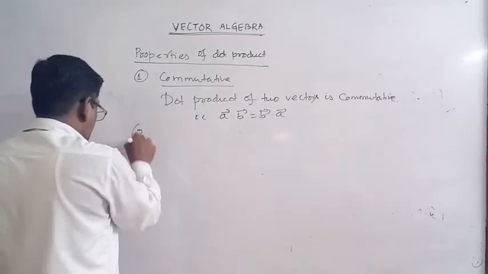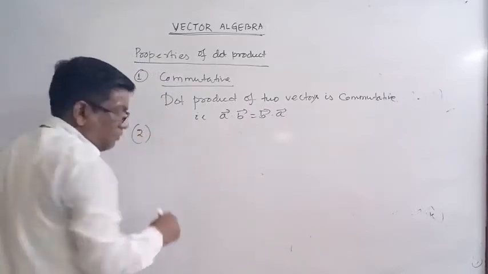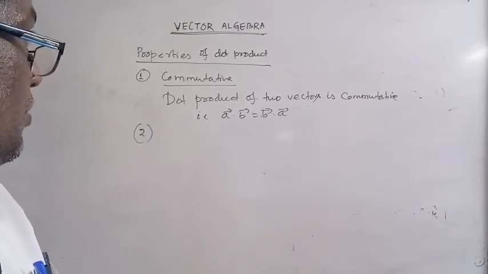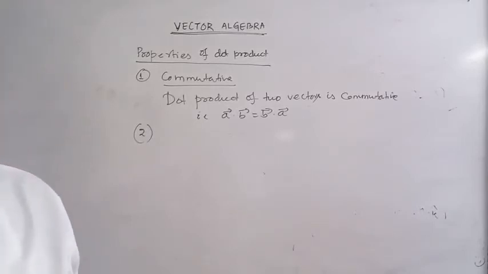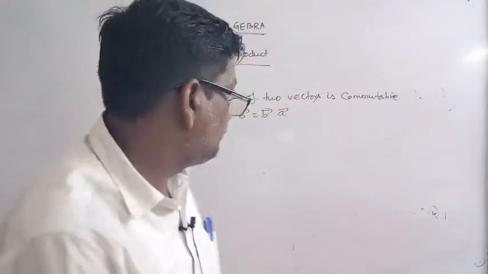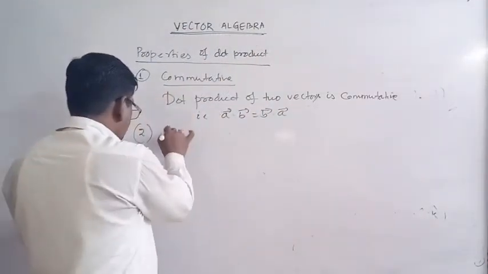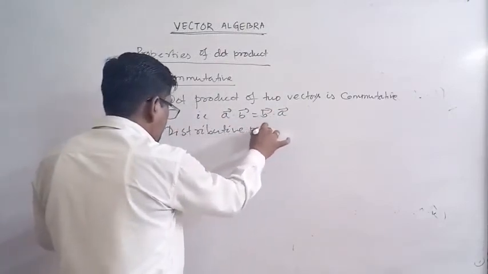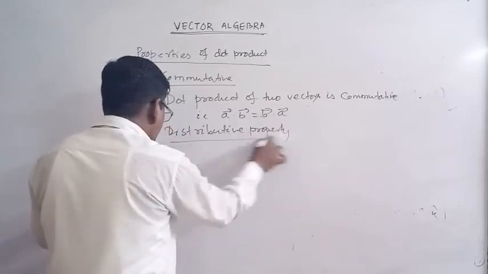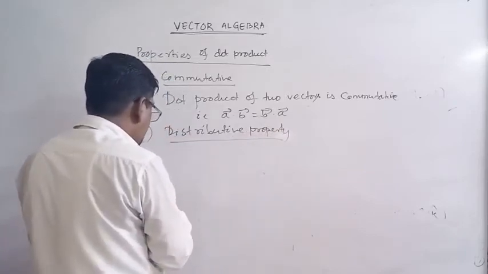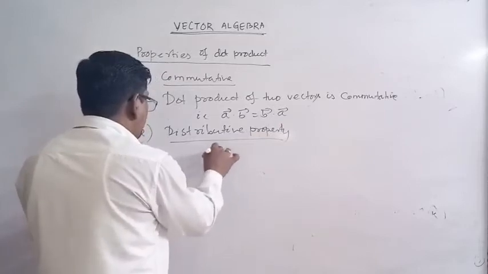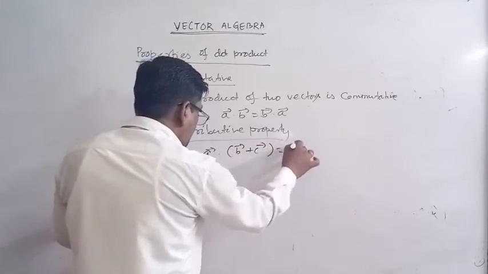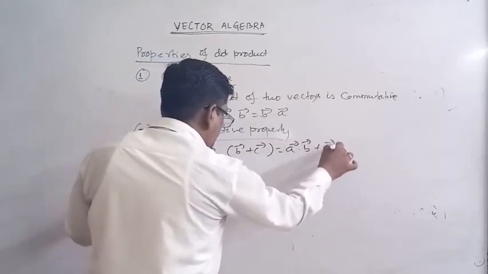Now the distributive property. What is the distributive property? A dot (B vector plus C vector) is equal to A dot B plus A dot C.